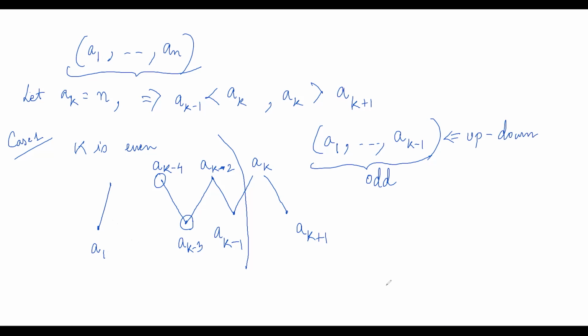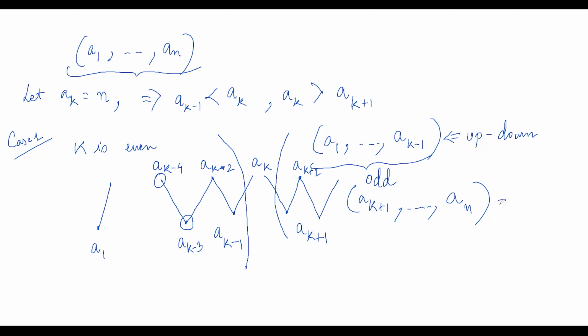And for the next one, from a k plus 1 till an, the sequence can't again go down from a k plus 1 because the whole thing is an alternating sequence. So from a k plus 1 it will bounce back to a k plus 2, and then it will go down and then go up, and this one will be an up down sequence because it's starting from a k plus 1, then going up and then going down.